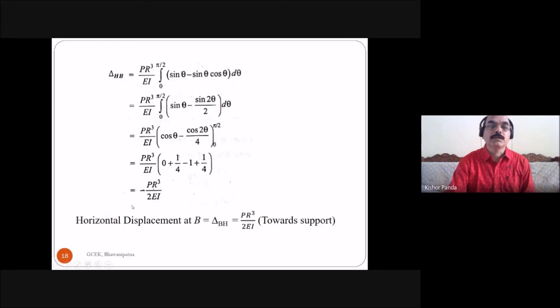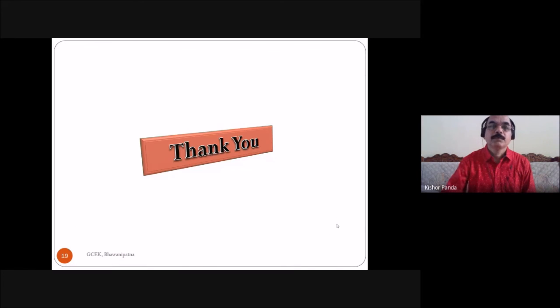As you got a negative value, the horizontal displacement at B, delta BH, is equal to PR cubed by 2EI, towards the support. Now all are clear.